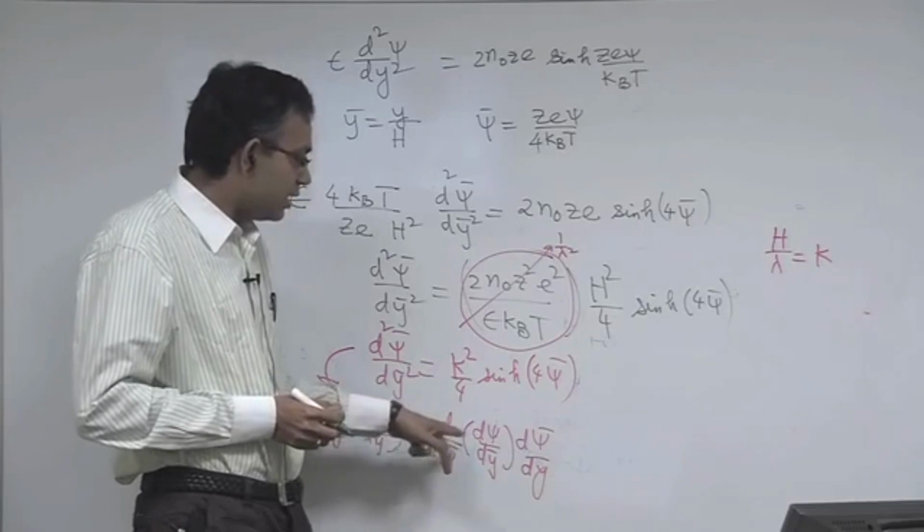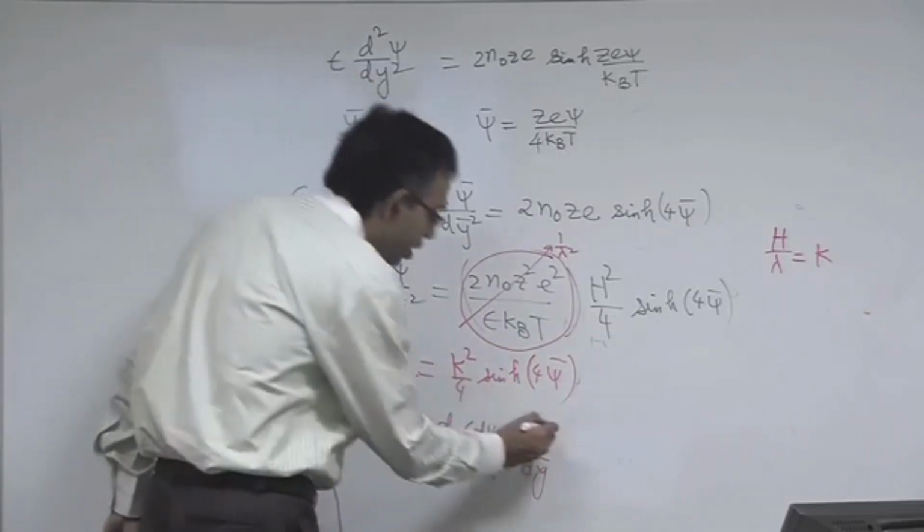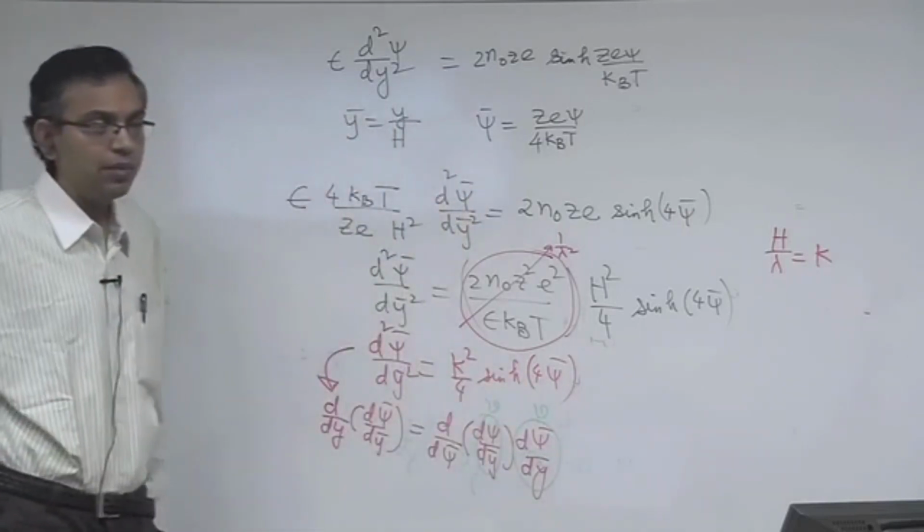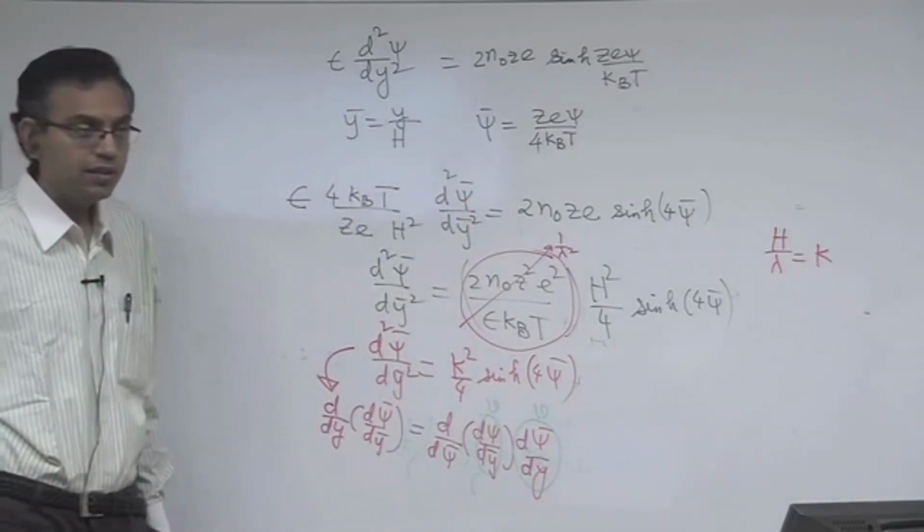So this is like v dv, if you call this v, then this is v square by 2, right.